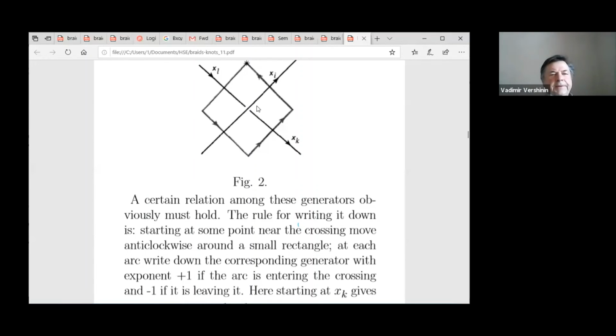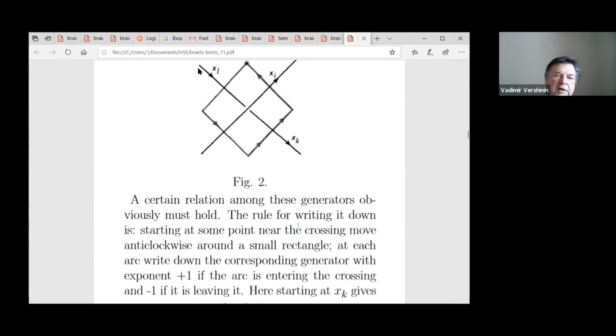Consider the crossings. The arcs which are overcrossing arcs, which are in the upper half-space, should be the generators.